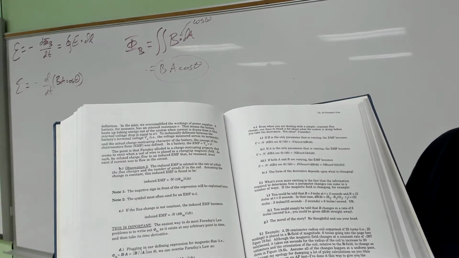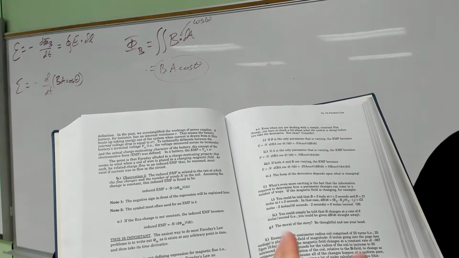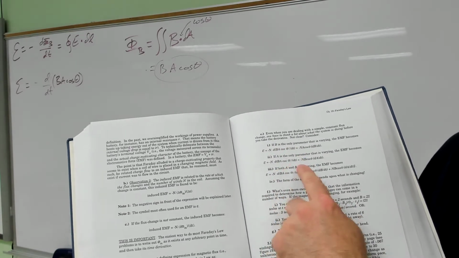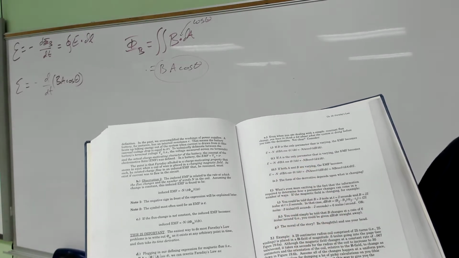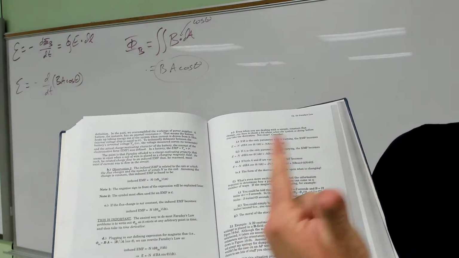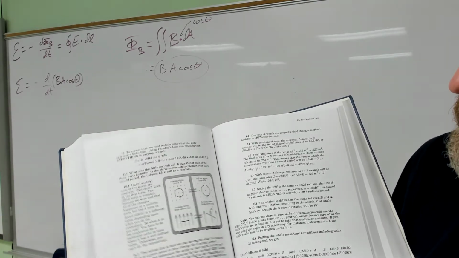Then he runs through an example of plugging in BA cosine theta for your flux, and talks through what will happen to the equation if different variables are changing and the others are constant. Then he runs through a crazy example where B, A, and theta are all changing.